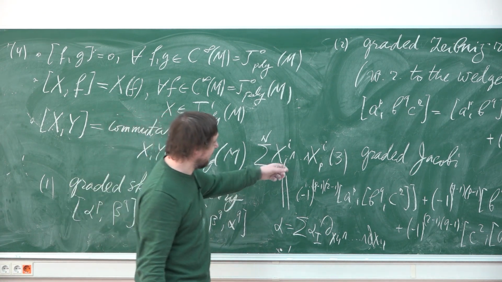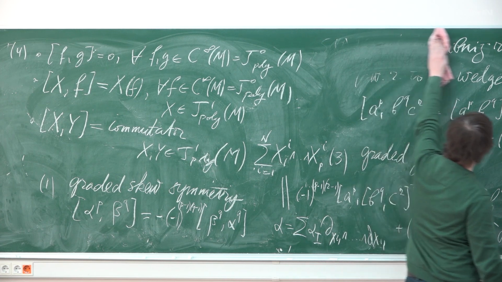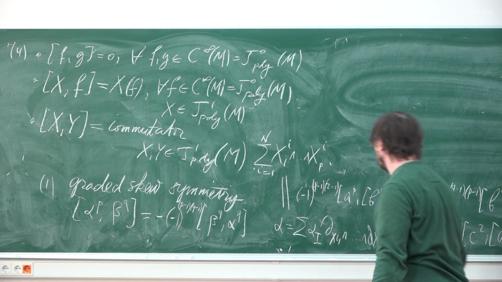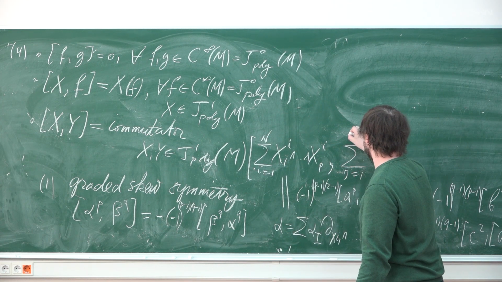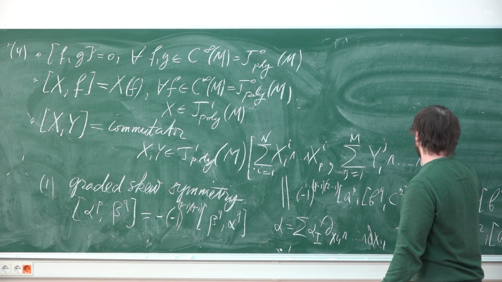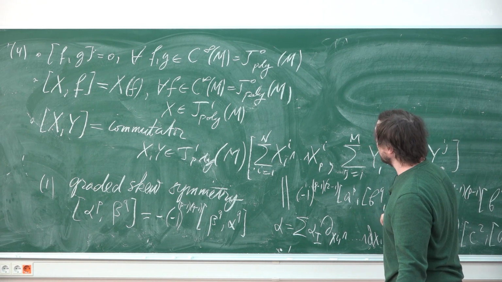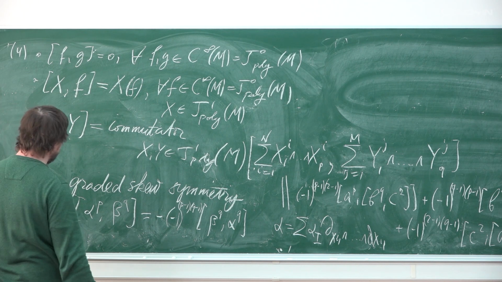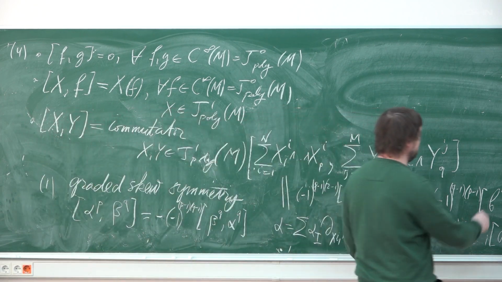But then, if you have two such expressions, say X's and Y's, and you take the commutator of these, with j from 1 to m, Y_1^j wedge ... wedge Y_q^j, then you use the graded Leibniz rule and this definition to check that you have a unique way to write down the right-hand side.